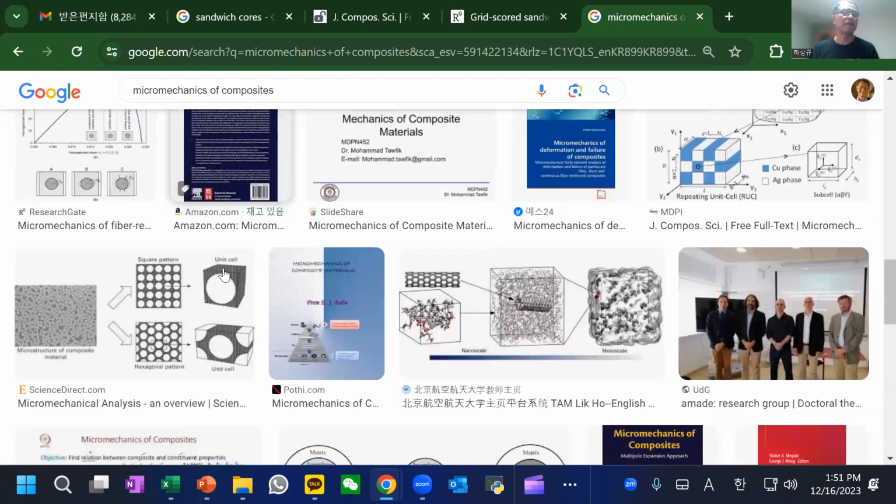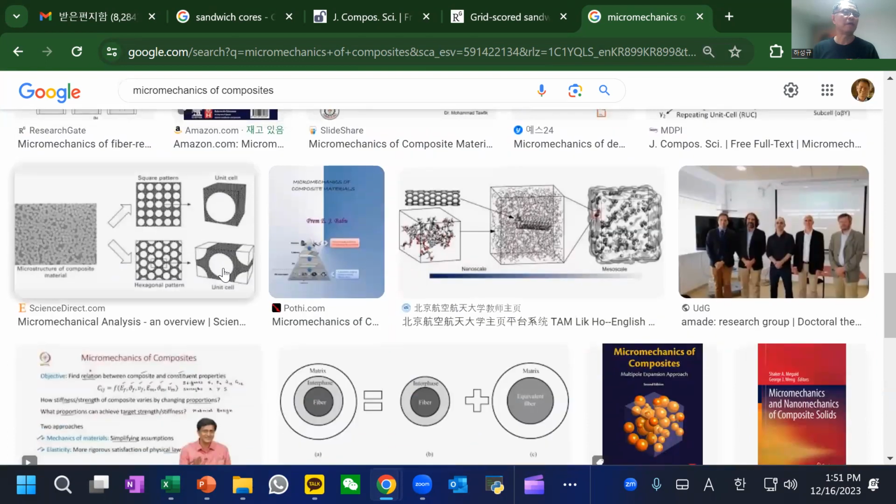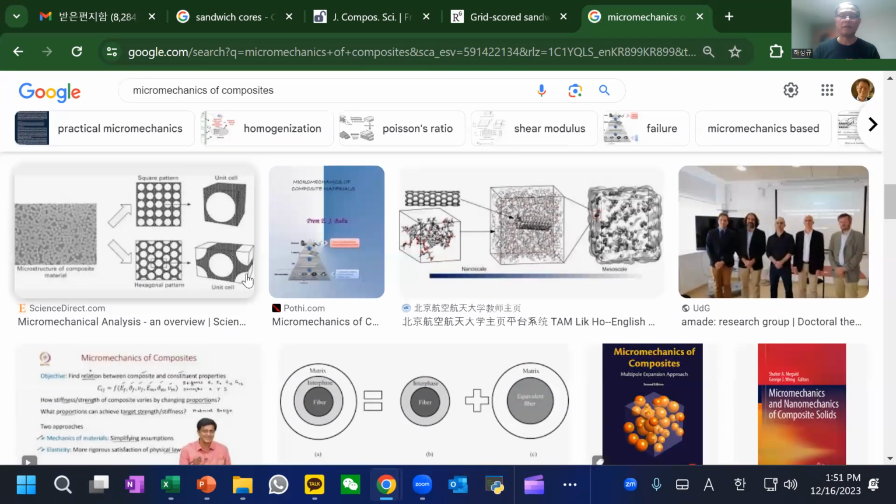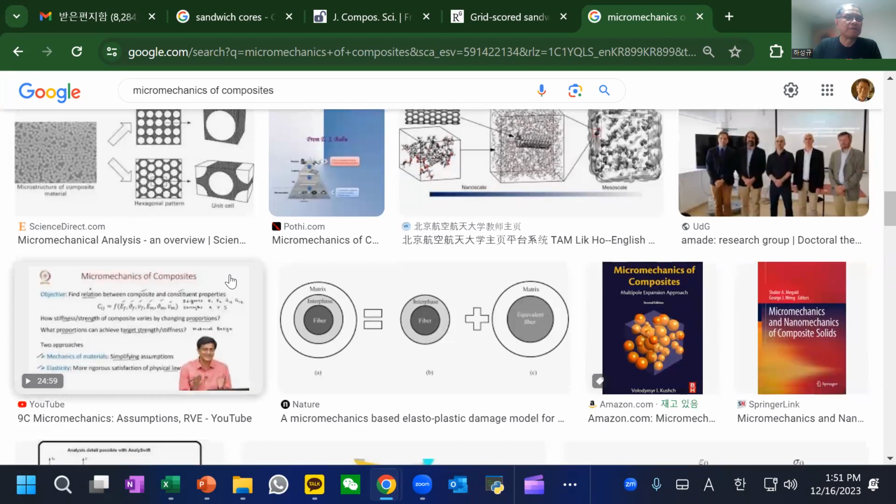So micromechanics can help reduce the number of tests needed to characterize composites. And when we develop different types of composites, we can use this micromechanics.